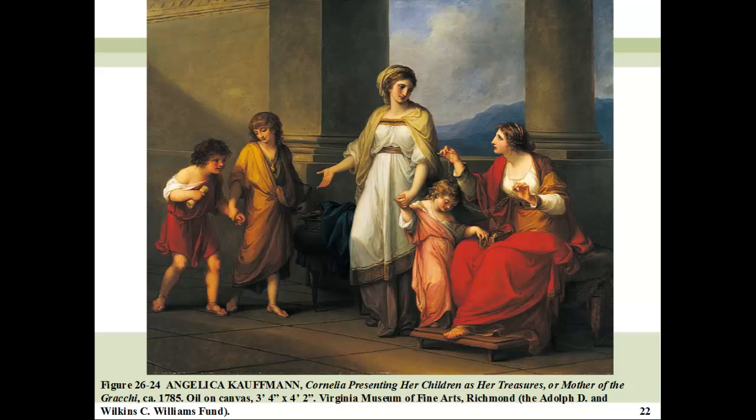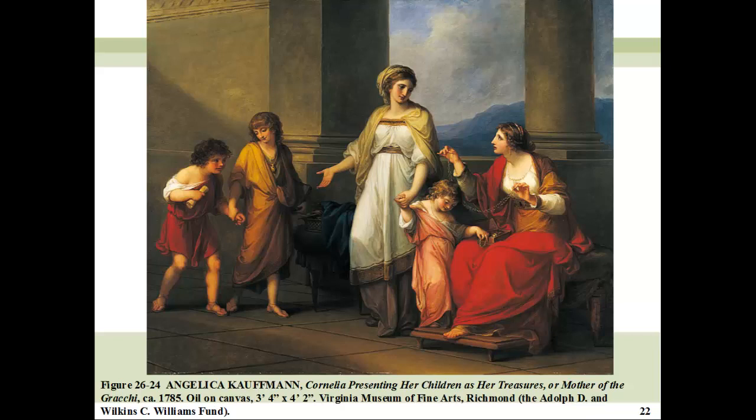It was conceived as a timeless beauty to please the senses, and/or it was a vehicle for intelligently conveying Enlightenment ideals. So, Cornelia, pointing to her children as her treasures, is a prime example of this, with the origins of its subject matter in classical antiquity.